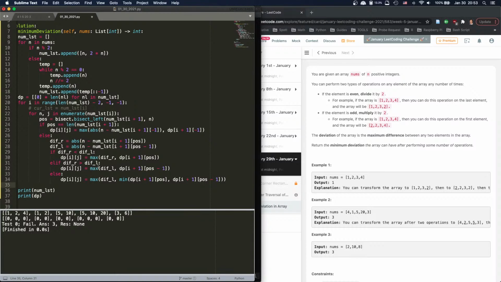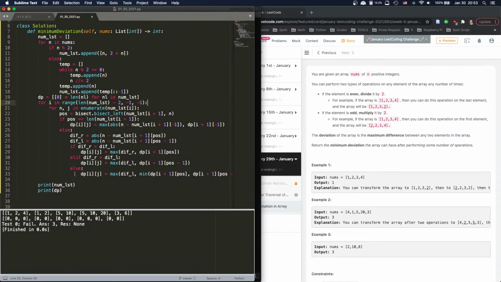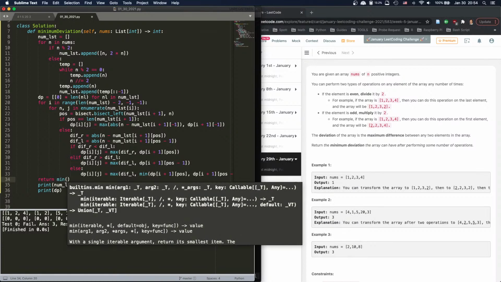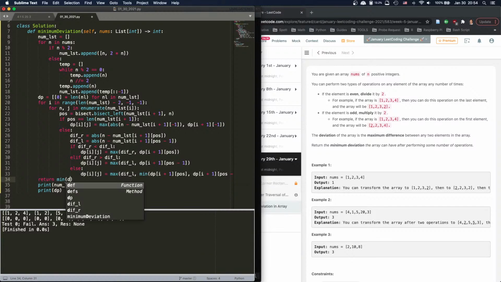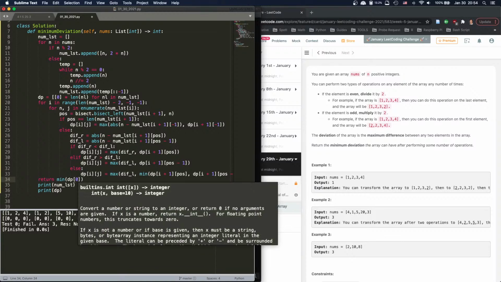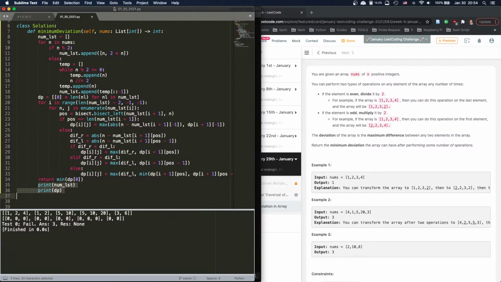Then after we finish, we fill in the dp, and keep going until we finish at 0, and we exit. Once we exit, what we want to return is the min of dp0. The min of dp0. Alright?